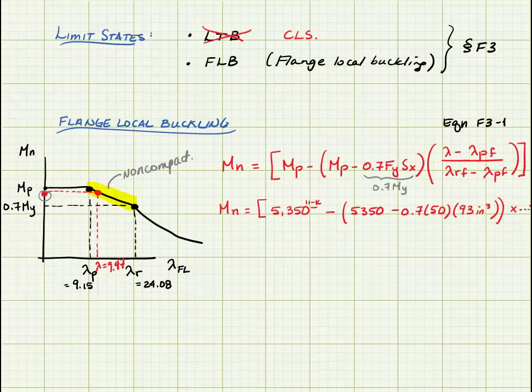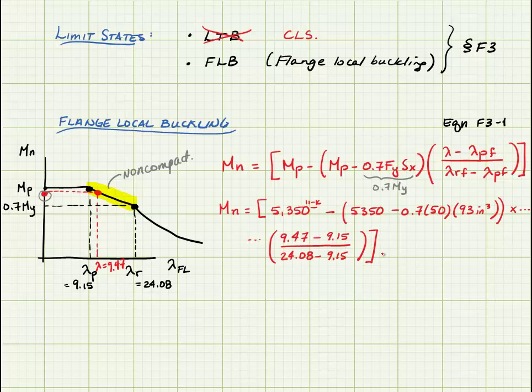And then let me continue down here. Here's my interpolation between the lambdas. Lambda for the flange we found was 9.47. Lambda sub p was 9.15. Lambda r was 24.08. And lambda p is 9.15.